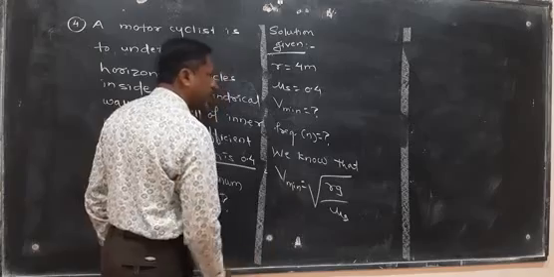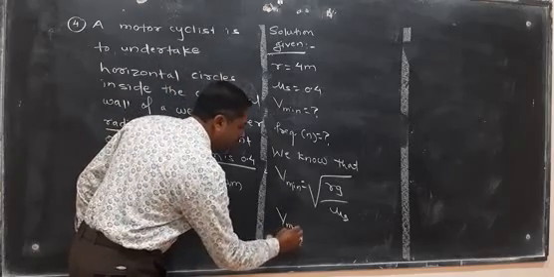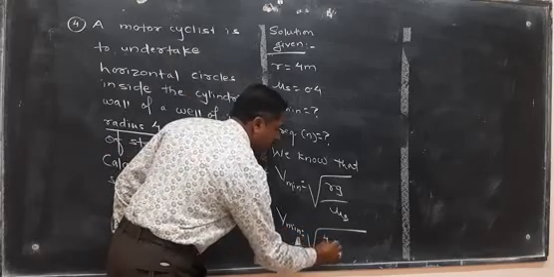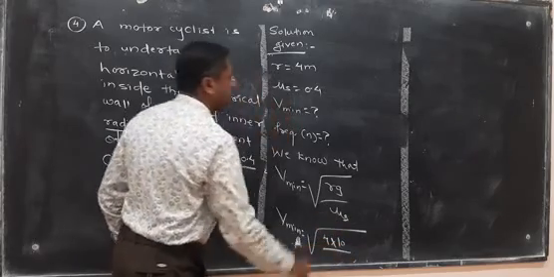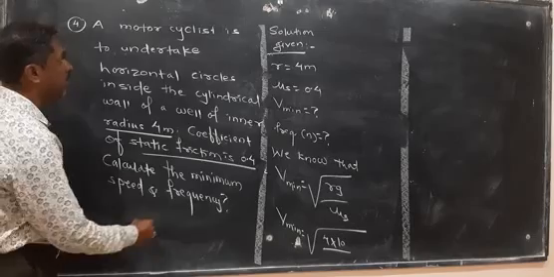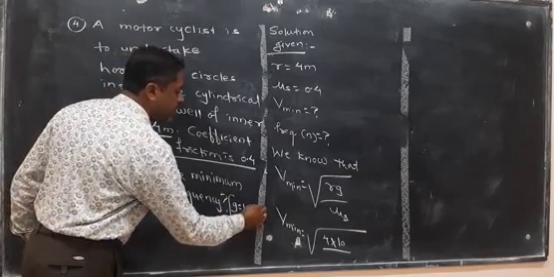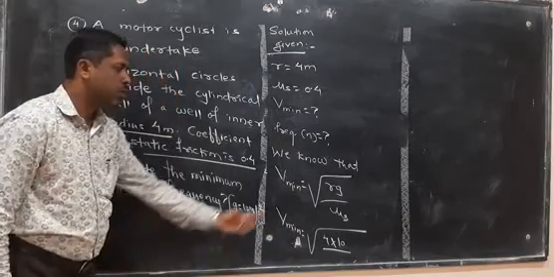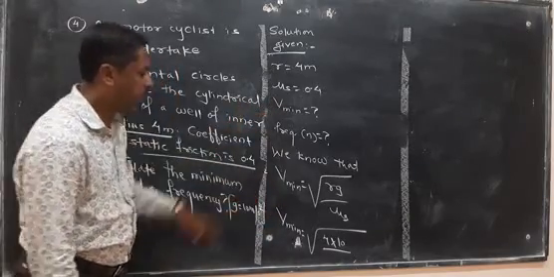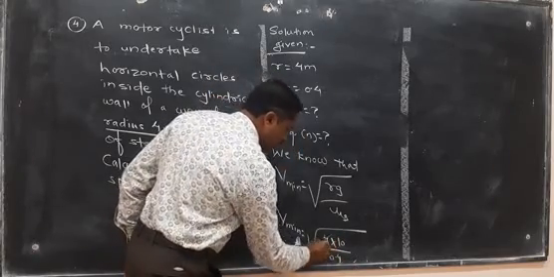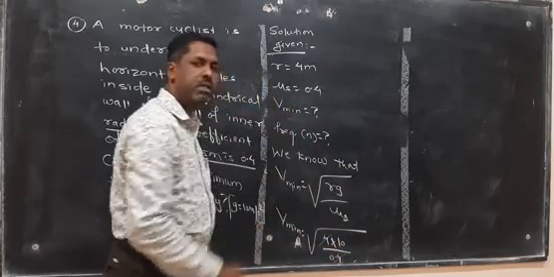Put the values here. That is v min is equal to root of rg upon µs, r radius 4 meter, g is given as 10 meter per second square. Okay, so g is 10, static friction 0.4. What happens here? 4 gets cancelled.